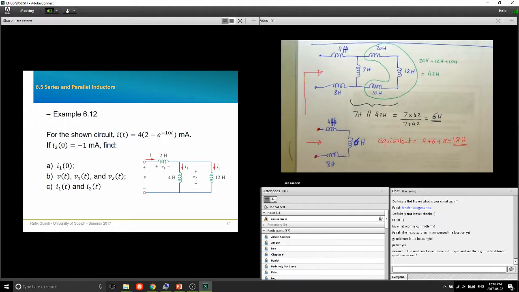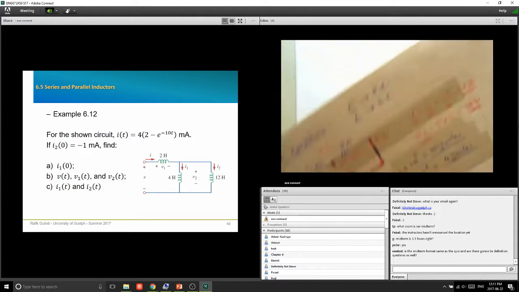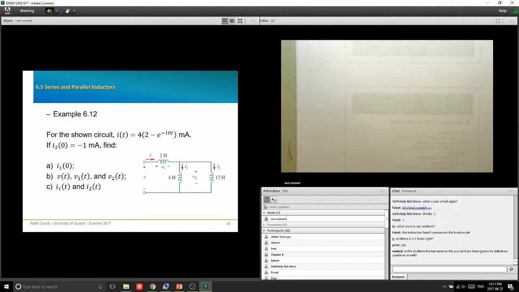Okay, one more example. For this circuit, I of t is given.